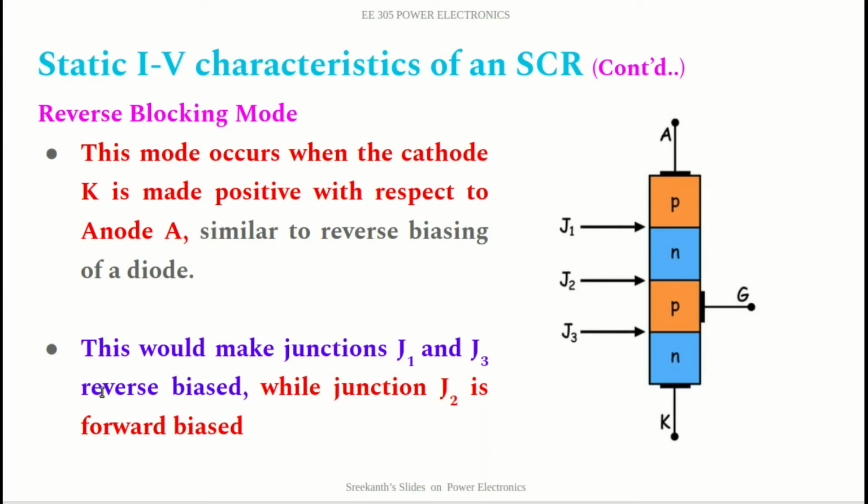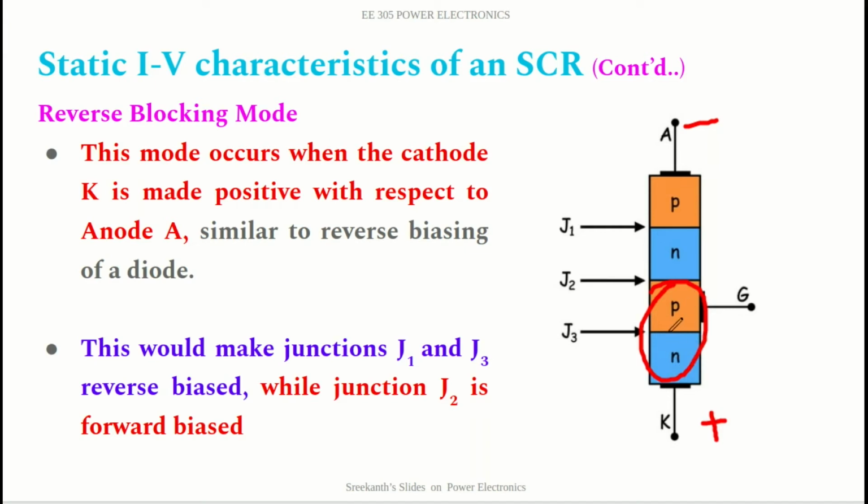This would make the junctions J1 and J3 reverse biased, while junction J2 is forward biased. How is it possible? If you look, you can see that this is becoming negative and this is becoming positive. Now if you consider this alone, this is a PN junction where positive voltage is being applied across the N type.